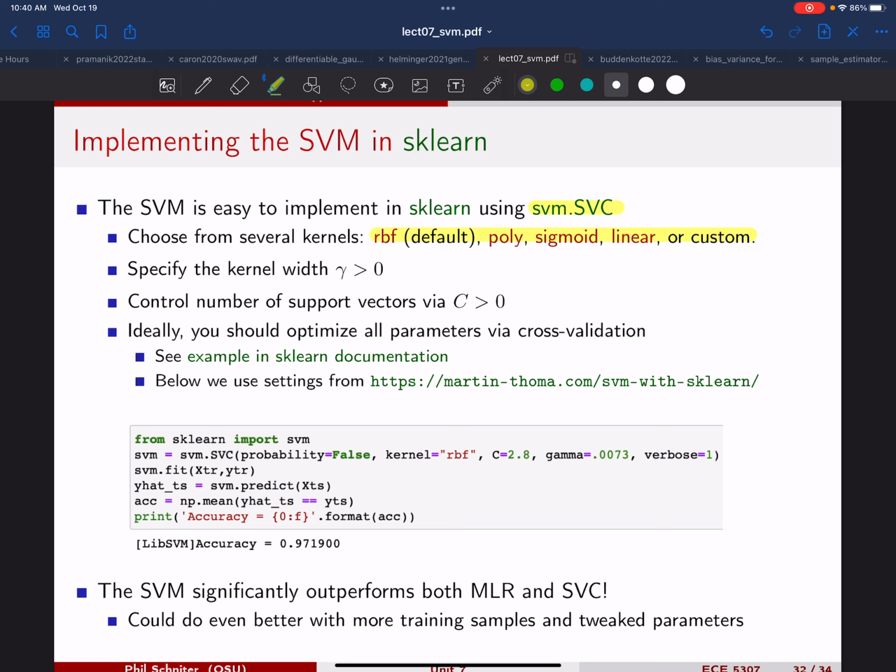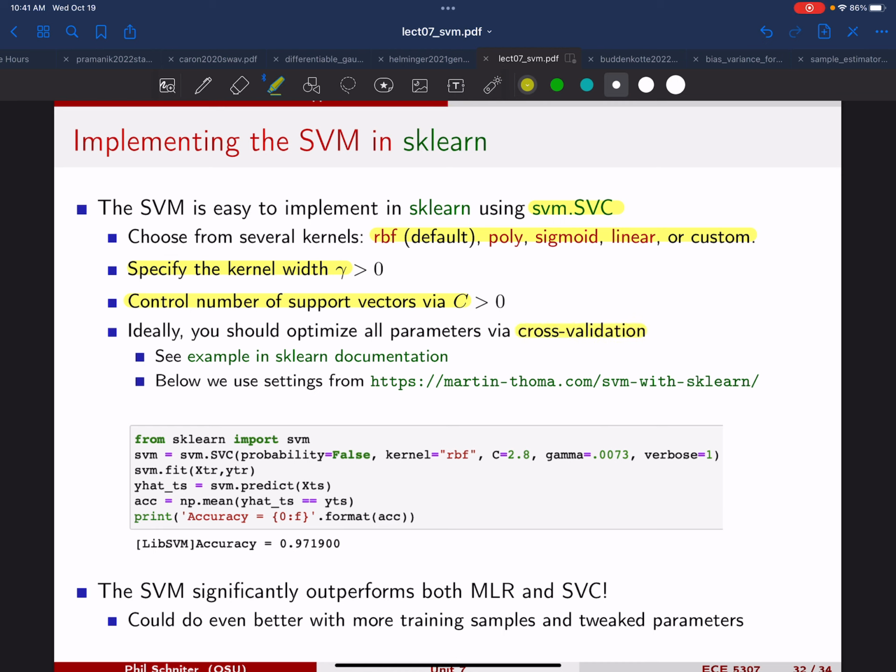So in order to use this, you have to specify the kernel width, gamma, and you have to specify C, which controls the number of support vectors. And those two parameters kind of affect each other. So really what you should do is jointly tune them using cross-validation.